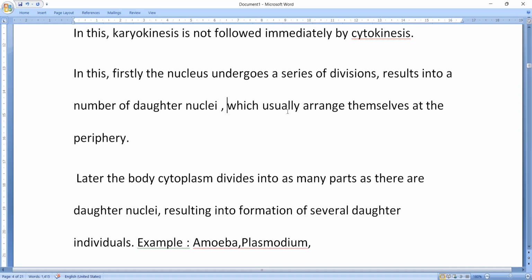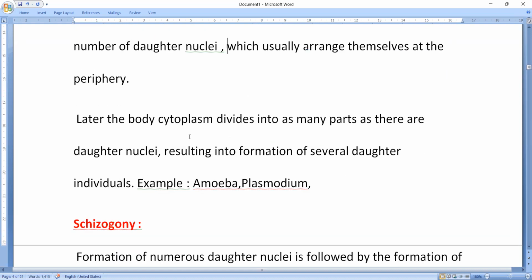The newly formed nuclei are arranged at the periphery. Later, the body cytoplasm divides into as many parts as there are daughter nuclei, resulting in the formation of several daughter individuals.